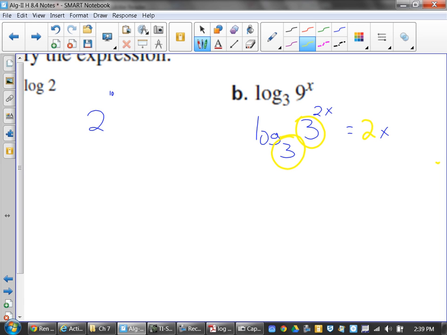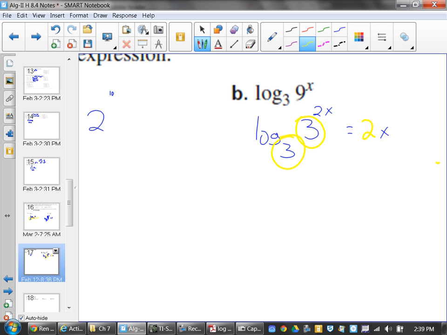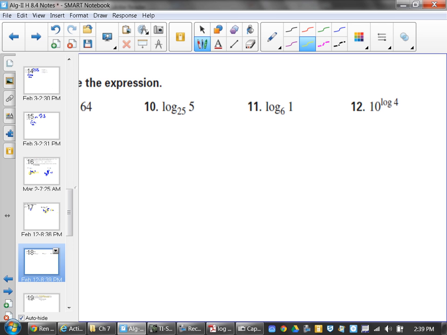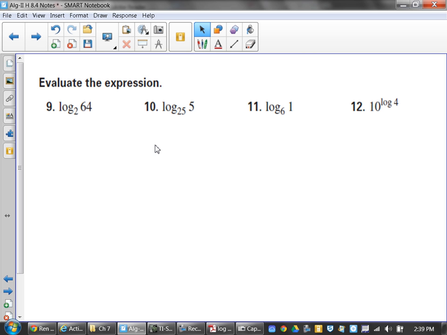I'll show you another one before we run out of too much time on this. So this first one I have log base 2 of 64. I want to figure that out without using my calculator, because I will not let you use calculators for this stuff.